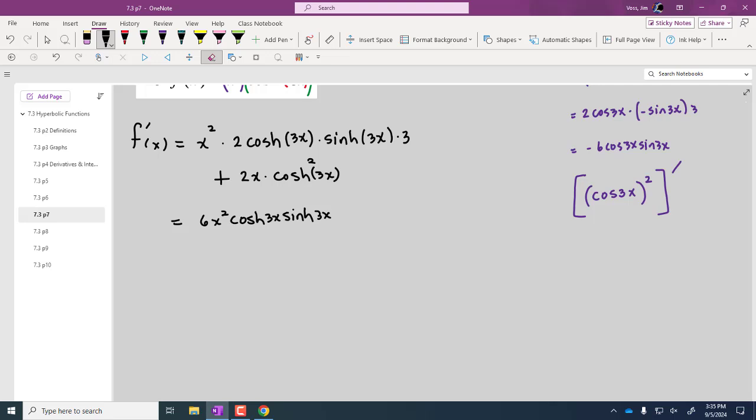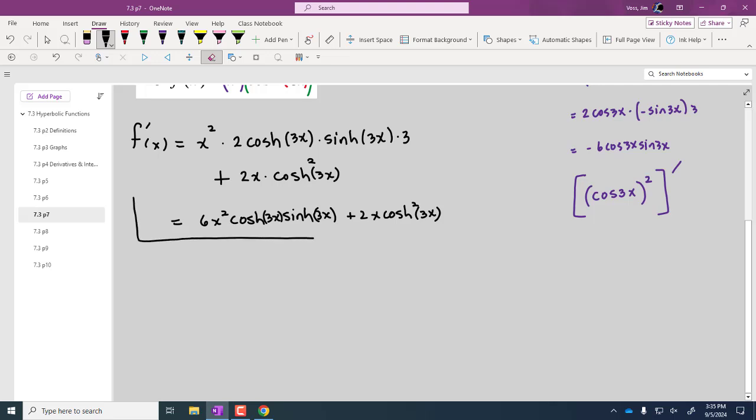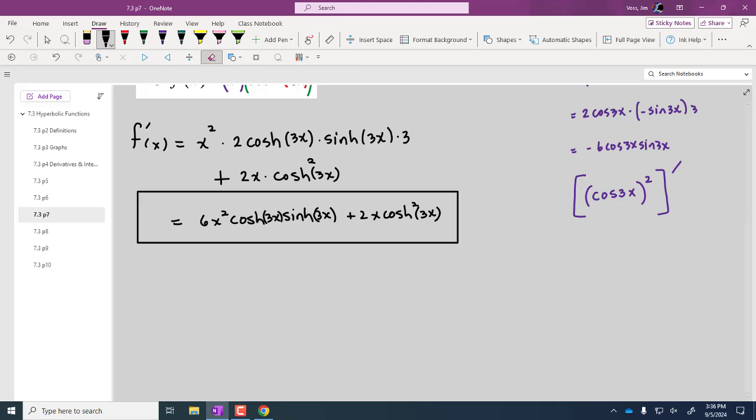You just always kind of understand that if there's an x in there, that's part of the angle. All right, so the only real new stuff here is that we are using hyperbolic trig functions instead of just trig functions.